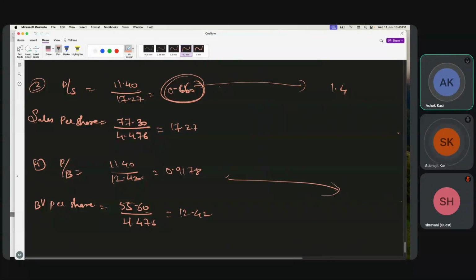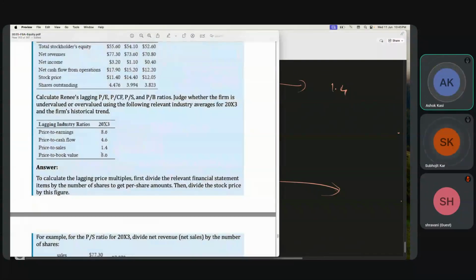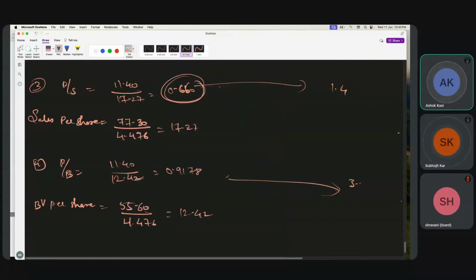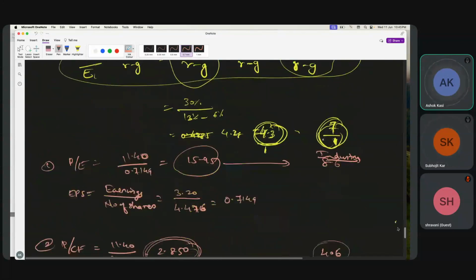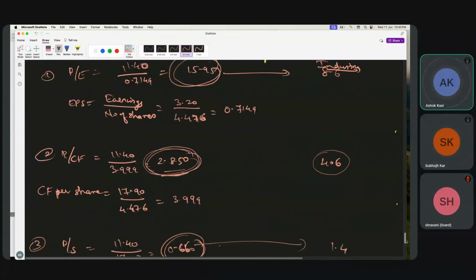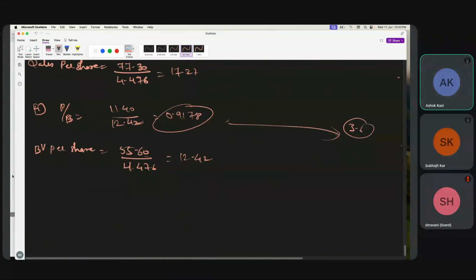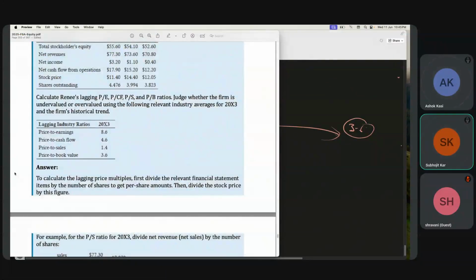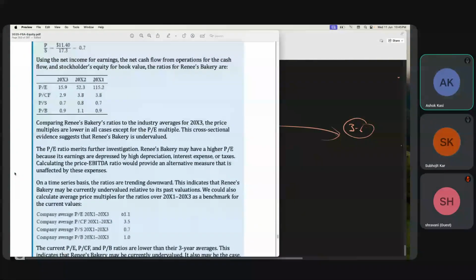Here also the industry is more, 3.6. So again very less. All the qualities are good, and so price to earnings is very high, but the rest are all good. That's the takeaway point. You can read all this. Only this one will be given there.